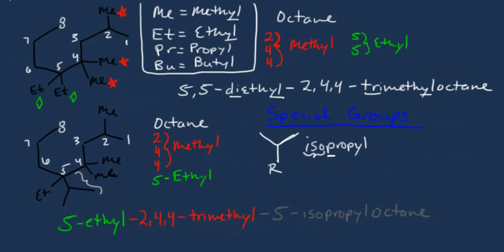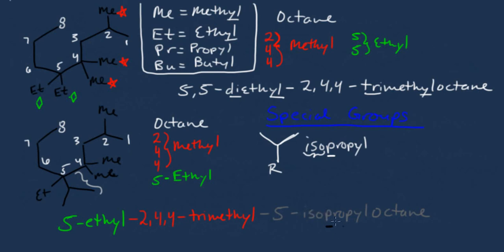And so notice, again, I kind of already said this, but this I in isopropyl would come before our methyl group, right? Because I comes before M. But what we're considering in alphabetical order is not this prefix iso.